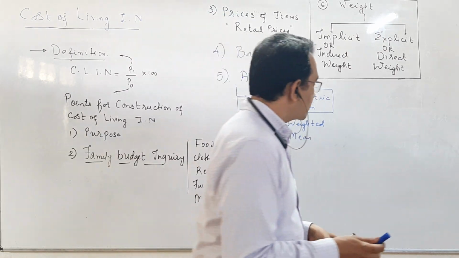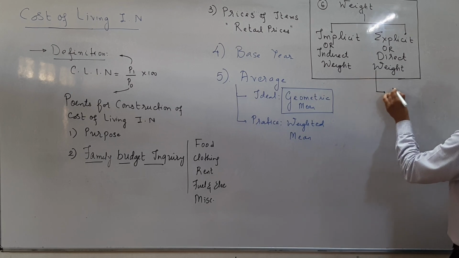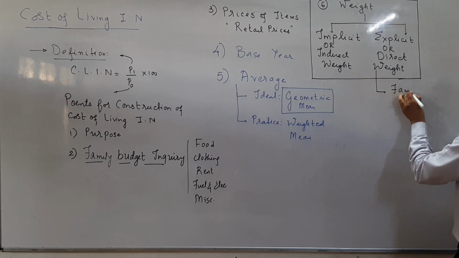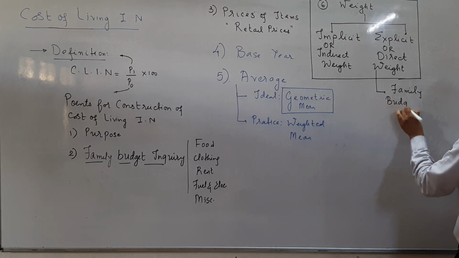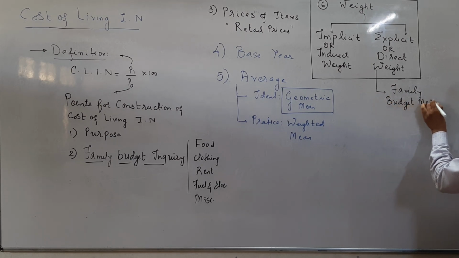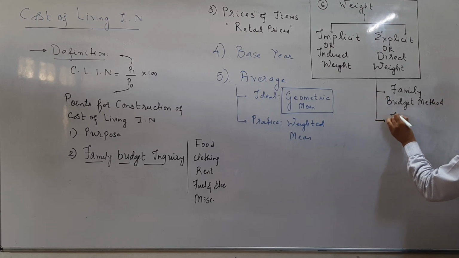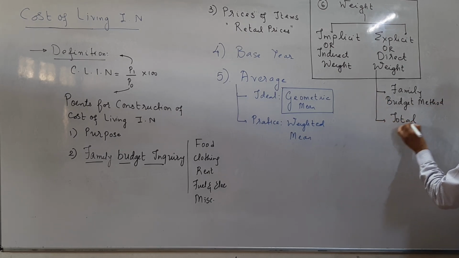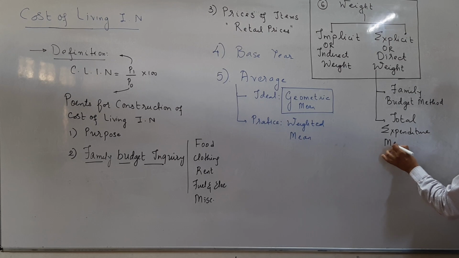There are 2 methods of assigning direct weight. In this also we have 2 methods. First is family budget method, and second is total expenditure method.